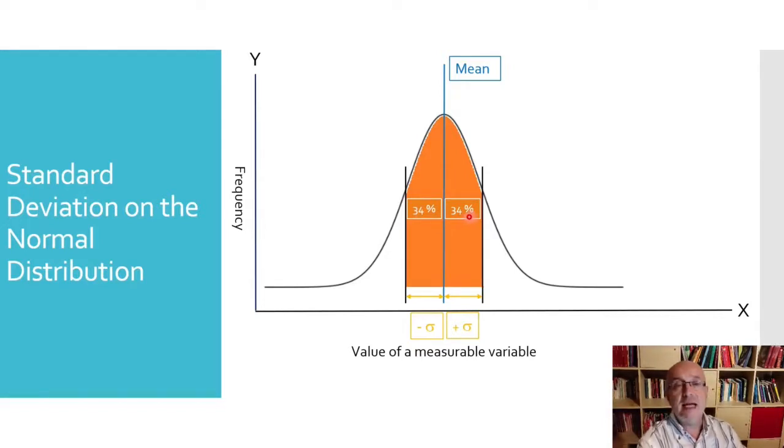So at the end, 68% of the data of the entire set of numerical values of the ideal normal distribution is included in this interval, 68% of data.